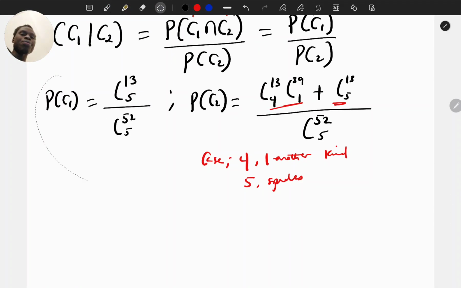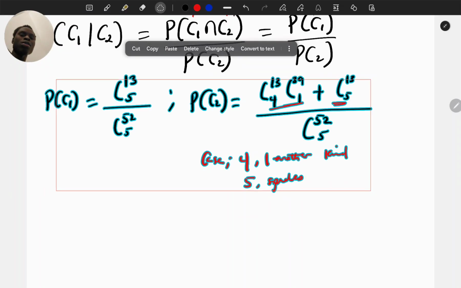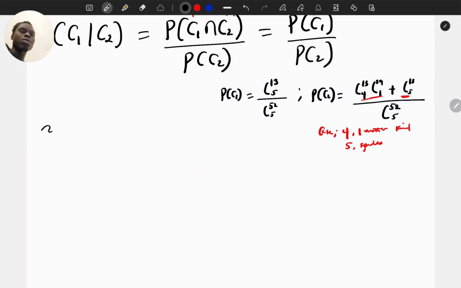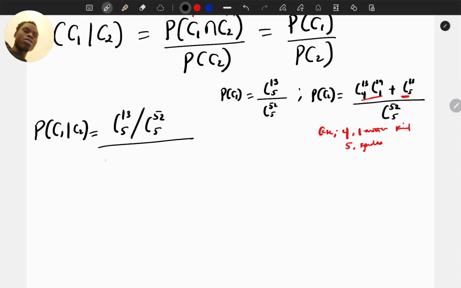Therefore, the probability of C1 given C2 is equal to 13 choose 5 divided by 52 choose 5, everything over 13 choose 4 times 39 choose 1 plus 13 choose 5, everything also over 52 choose 5.